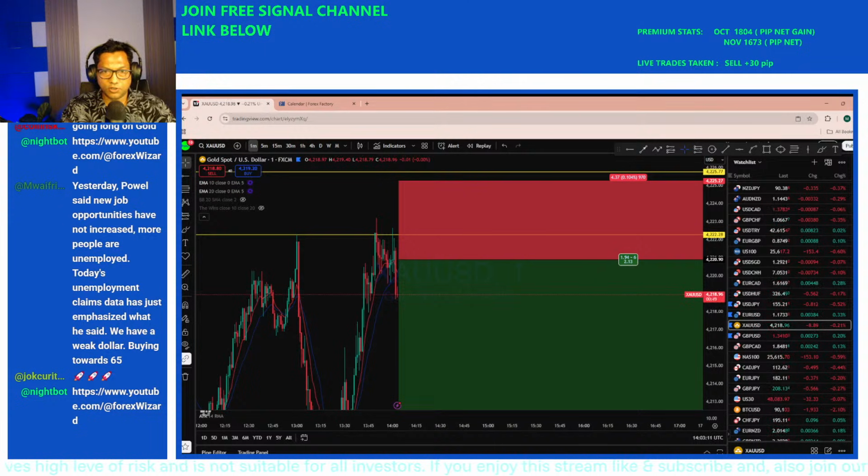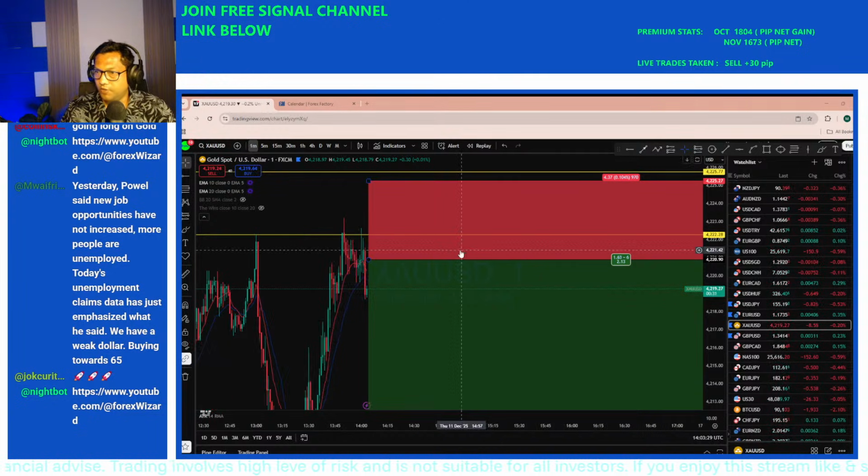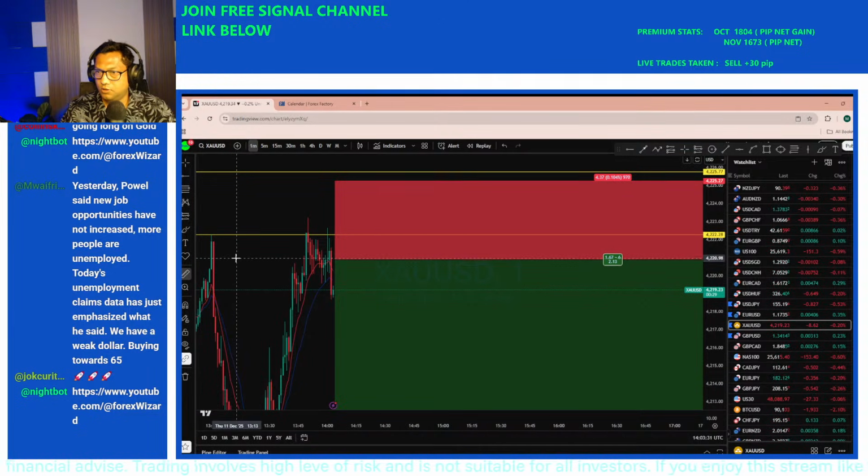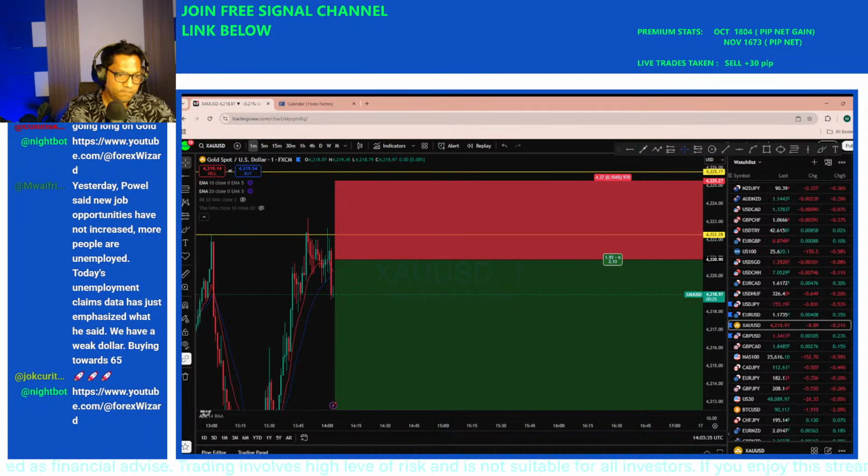This is the second trade you want to close in profit. I've closed the trade because we are nearing the end of the session. So I have closed in profit with this trade for around 20 pips nearly, by the way.